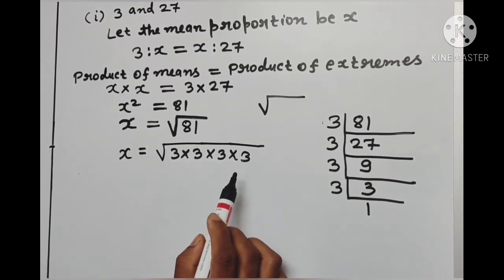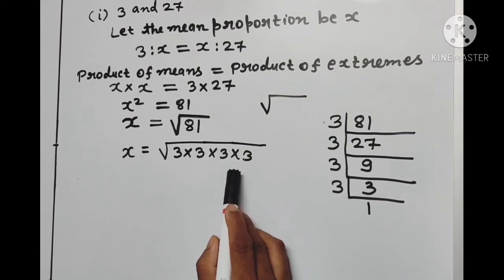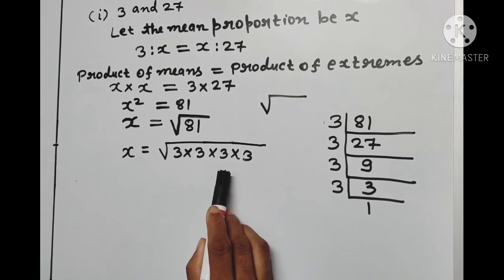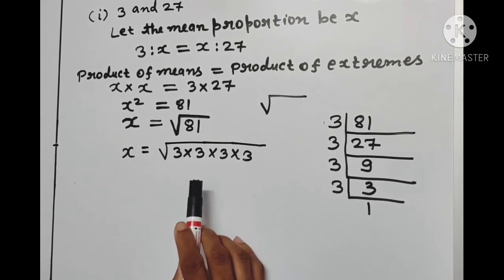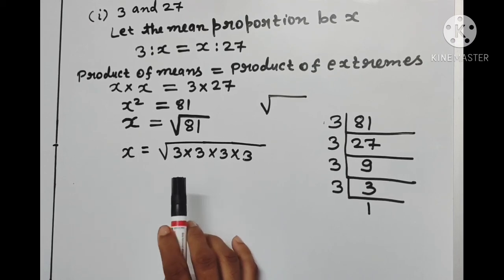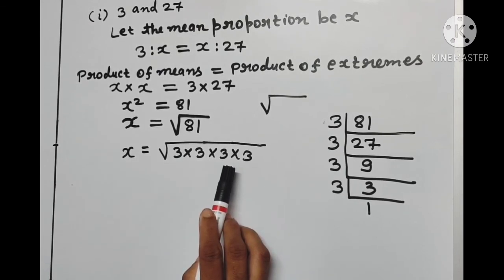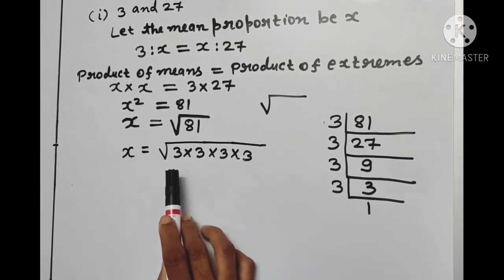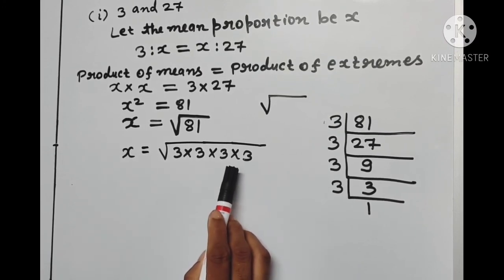Now what I am going to do, it is very important to understand because it is something new to all of you. Clear? So what I am going to do, I am going to make pair of the same prime factor here.